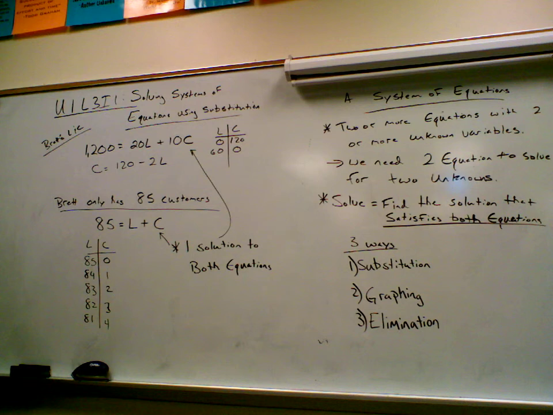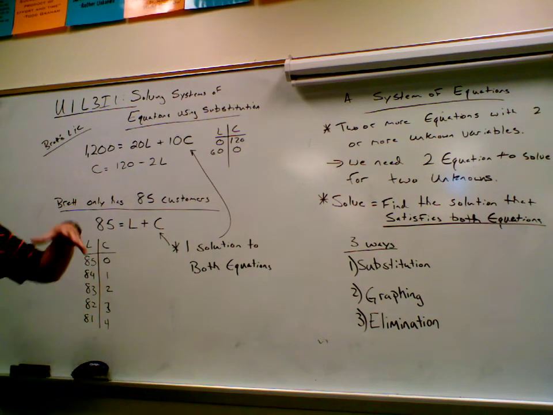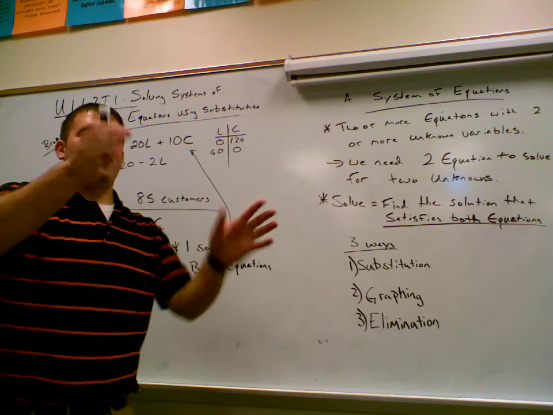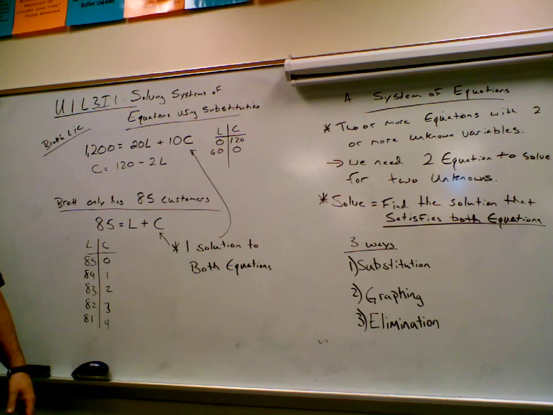So let's say you have a situation similar to Brett's, right? Let's say that you have 104 days of summer, for example, right? And you need to make enough money to pay for your college tuition. Okay? You get paid $100 a day at one job and $75 a day at the other job. You like the $75 a day job better, so you want to only work there as much as you can.